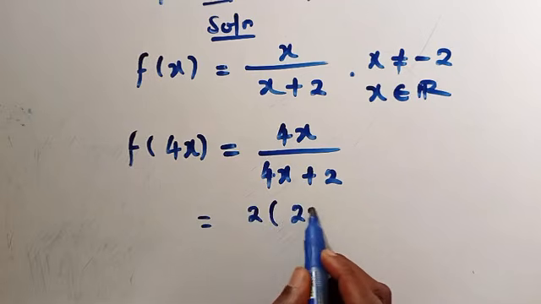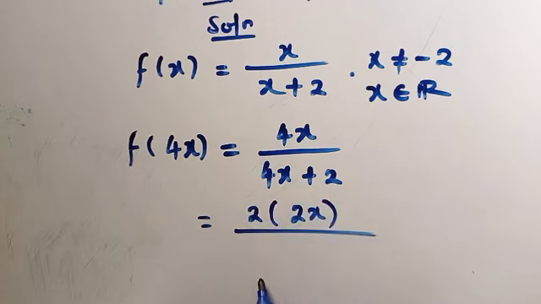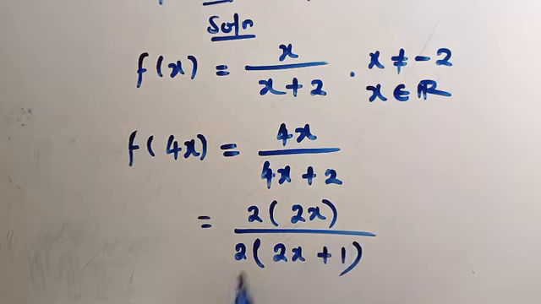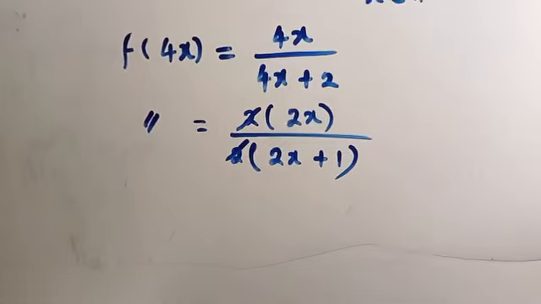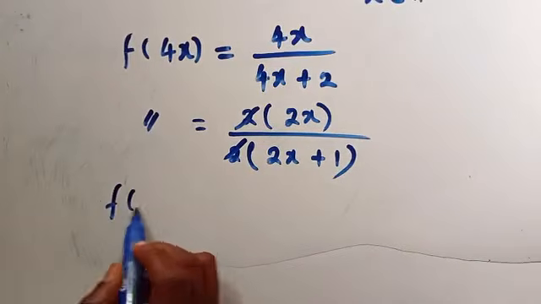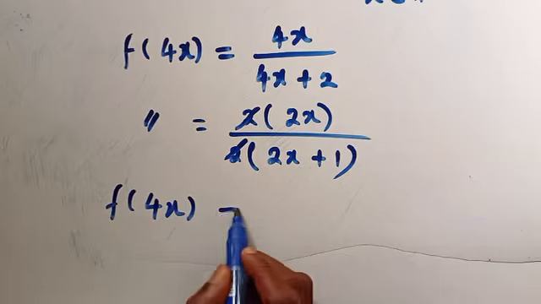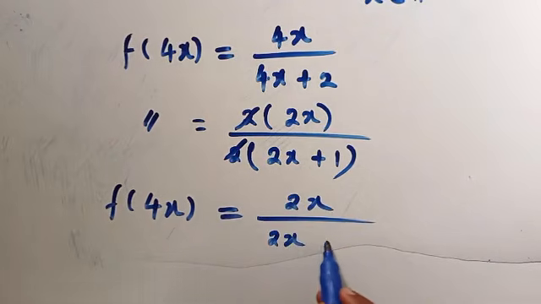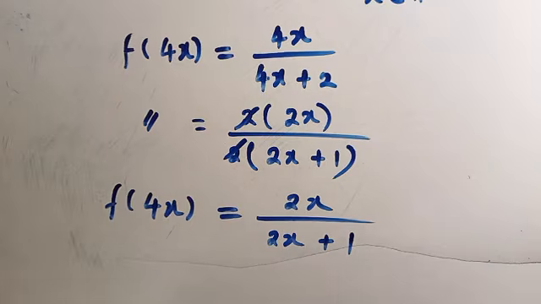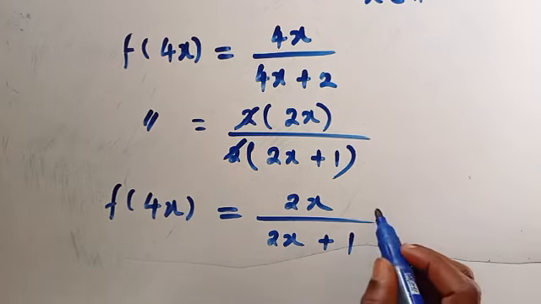So here remains 2x divided by, also we have to factor out 2 from here, then we have 2x plus 1. So 2 cancels 2, then we have f of 4x equals 2x divided by 2x plus 1. So here is our first step to take.